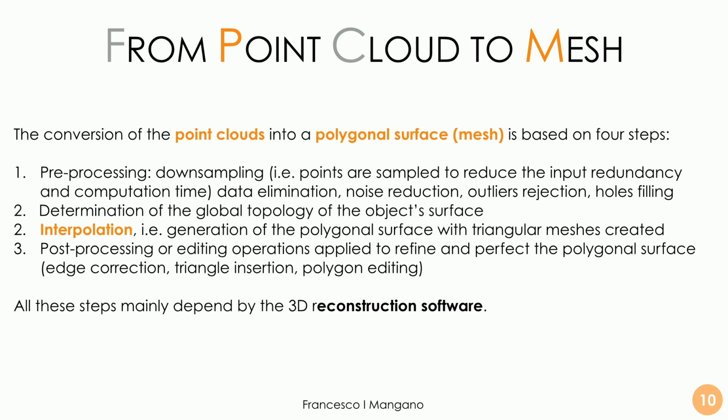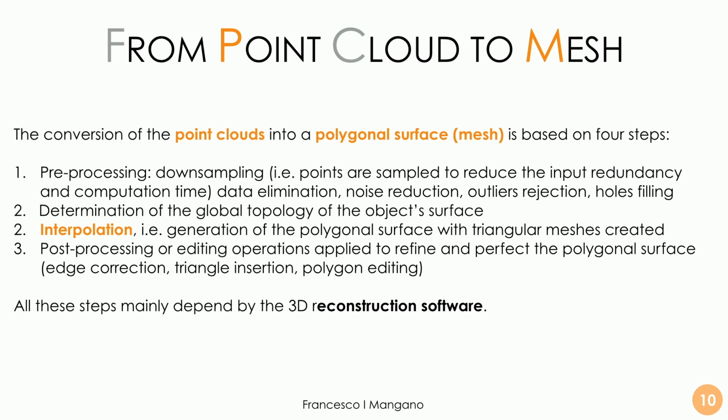Anyway, when we go from the point cloud to the polygonal surface, to the mesh, to the triangles, we have basically 4 steps that we can consider. We need to remember a pre-processing, a downsampling. So points are sampled to reduce the input redundancy and computation time. So there's a sort of data elimination, noise reduction, the outliers are rejected, the holes are filled.